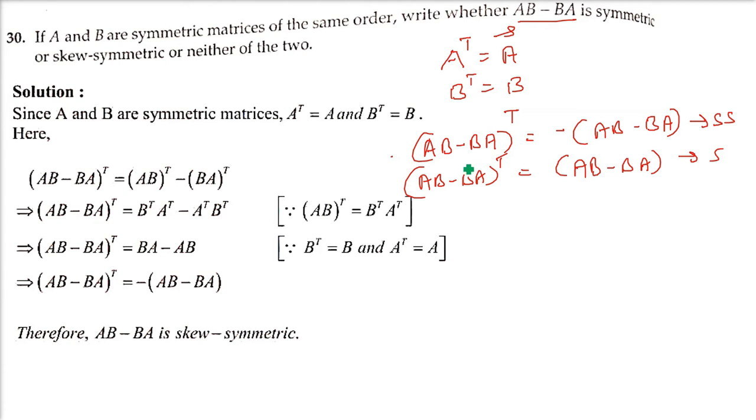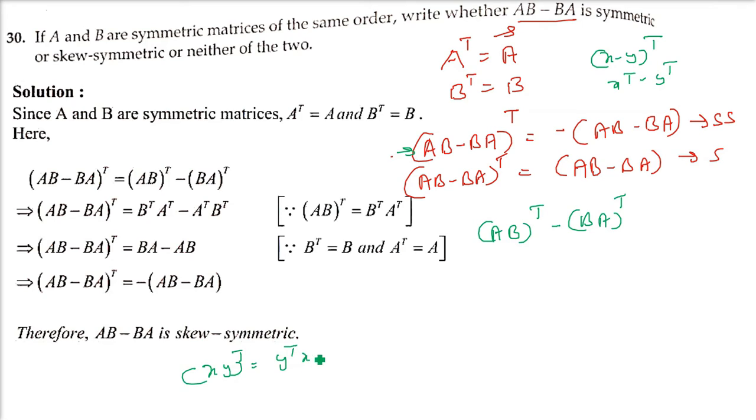Please remember, whenever we take X minus Y transpose, this is equivalent to X transpose minus Y transpose. So AB minus BA transpose is AB transpose minus BA transpose. Now, one more thing: if we write XY transpose, it will be Y transpose X transpose.